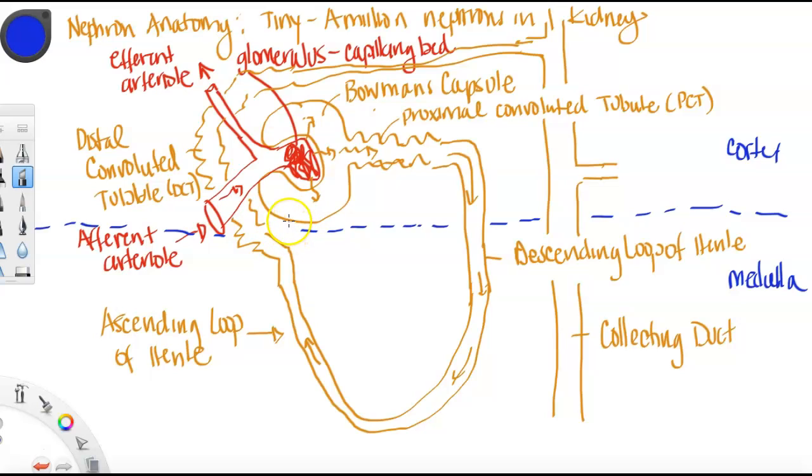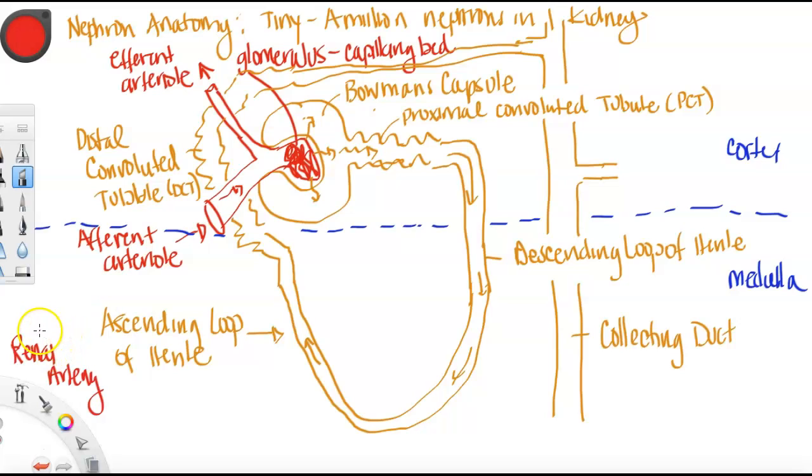What we need to look at now is the blood supply. Okay, so I'm going to go ahead and go through that. Hopefully it won't get confused on this picture. We have a blood vessel going in, and that blood vessel ultimately comes from the renal artery. The renal artery goes into the kidney.